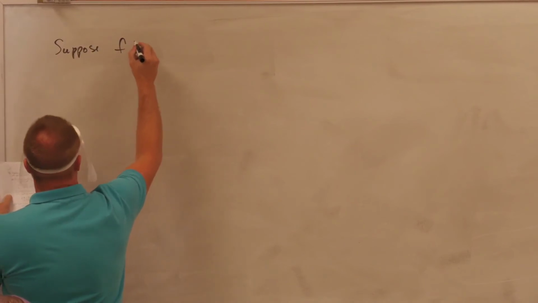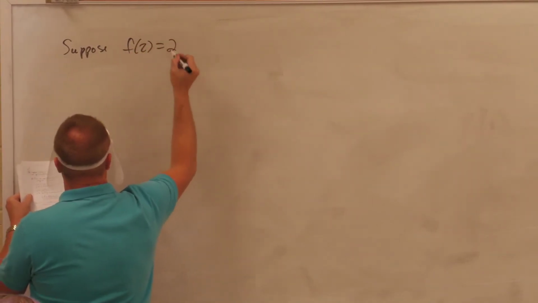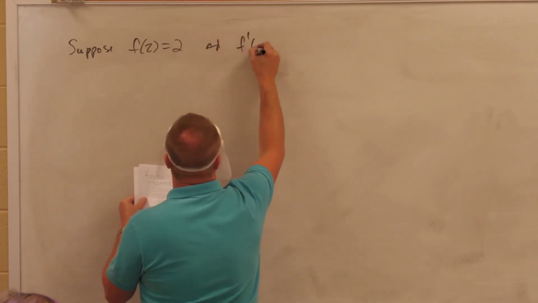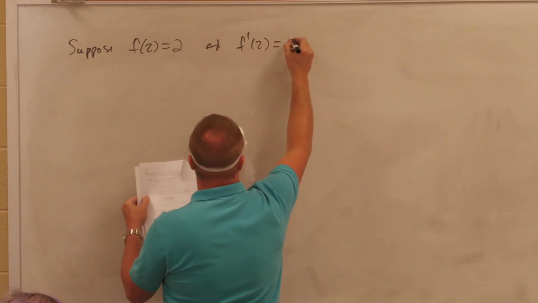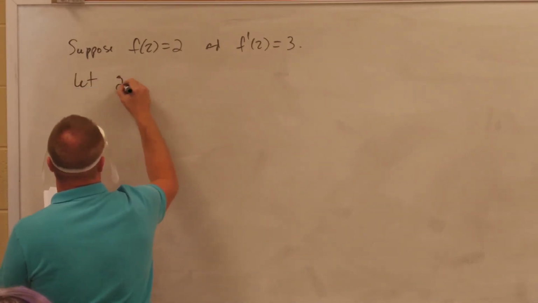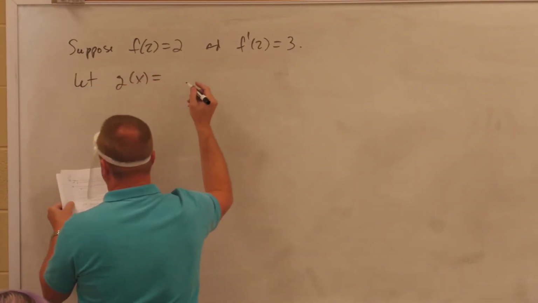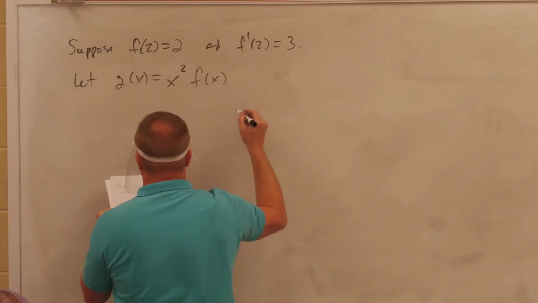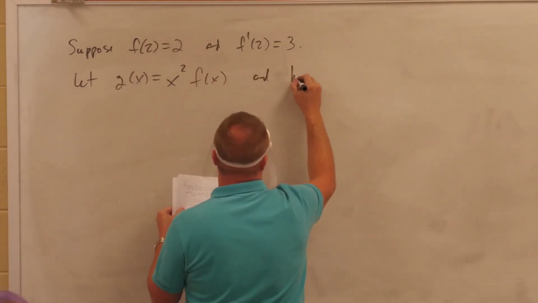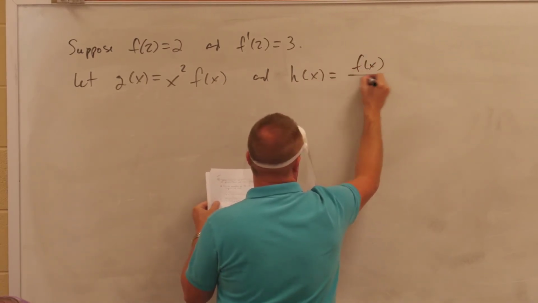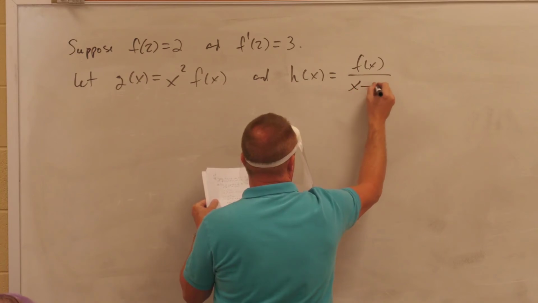f of 2 is equal to 2, and f prime at 2 is equal to 3. Let g of x equal x squared times f of x, and h of x equal f of x divided by x minus 3.